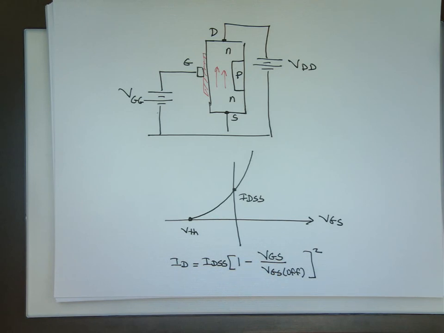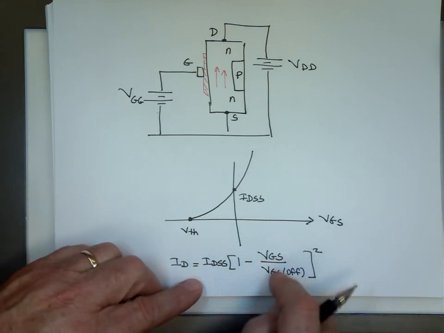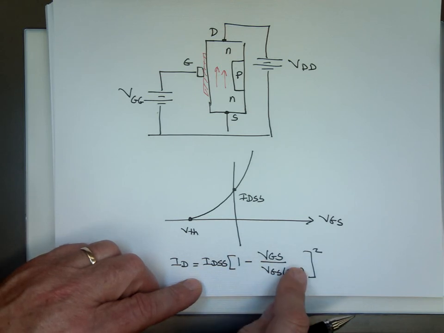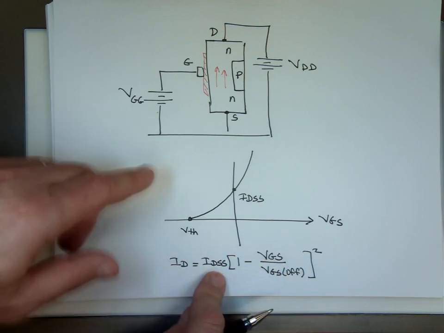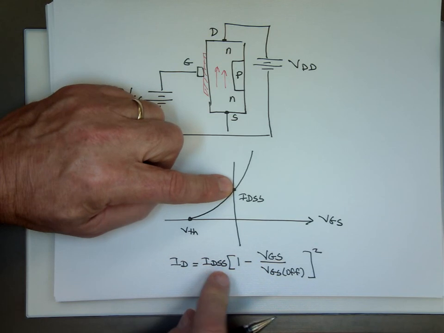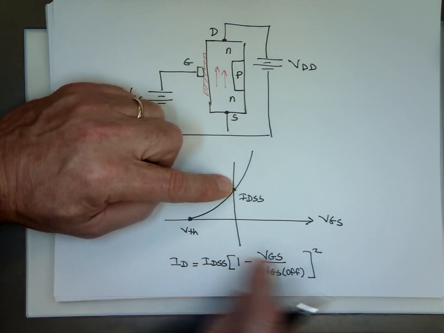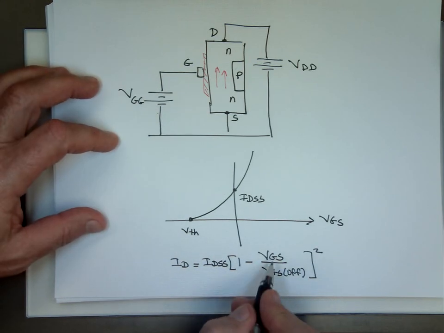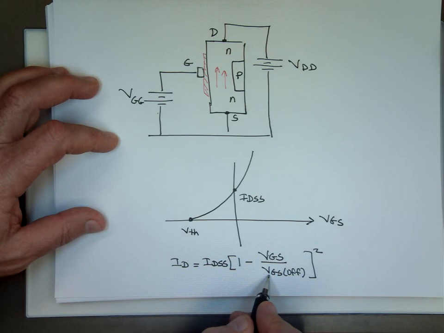When VGS is negative, this ratio becomes a positive number, so you get a current that's less than I sub DSS. But what happens when VGS becomes a plus? Because that's a negative number here. When that's a plus, this is a plus divided by a negative, that's a negative. Two negatives make a plus. So now your current will be more than I sub DSS.